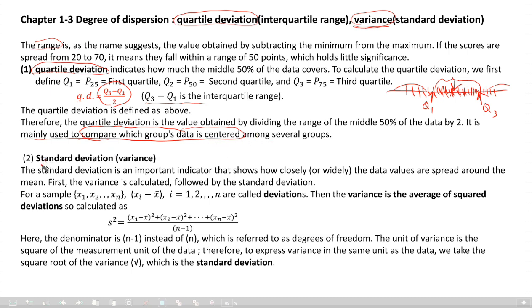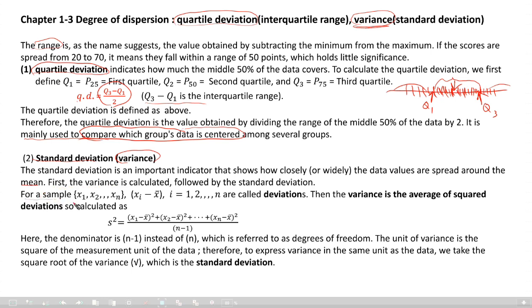Standard deviation or variance. Standard deviation is an important indicator that shows how closely or how widely the data values are spread around the mean. First, variance is calculated, and then we can calculate standard deviation.